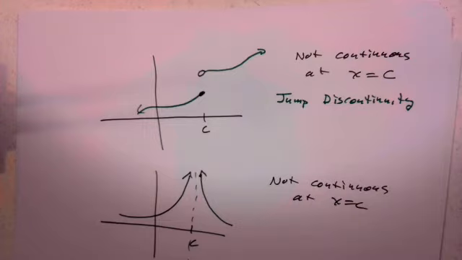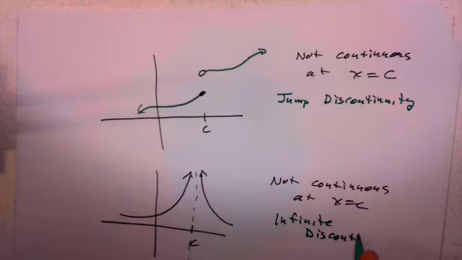Sometimes called an essential or a non-removable discontinuity. And this last one, it's heading to infinity or negative infinity or some version of that. In this case, both heading to positive infinity from the left and from the right. This is an infinite discontinuity. So those are different kinds of discontinuities we can look at.